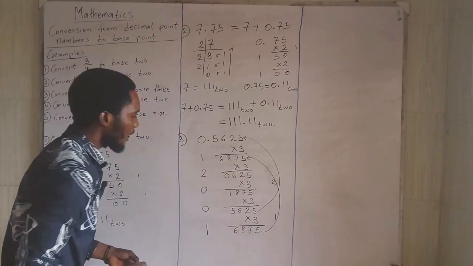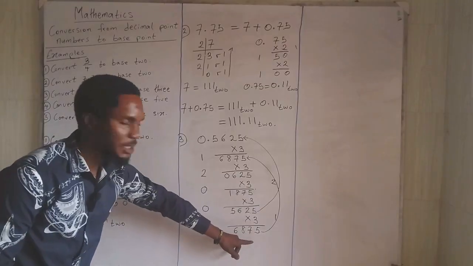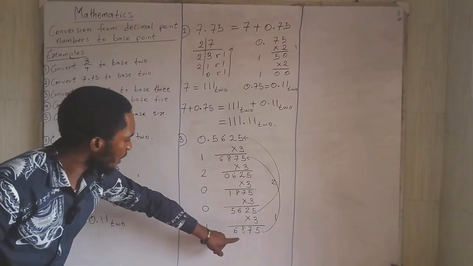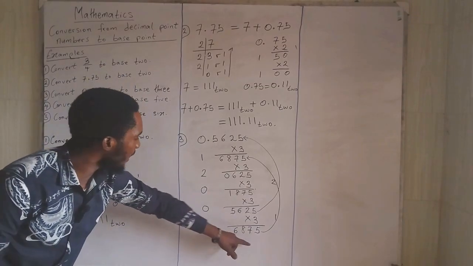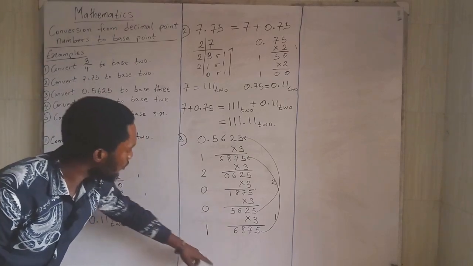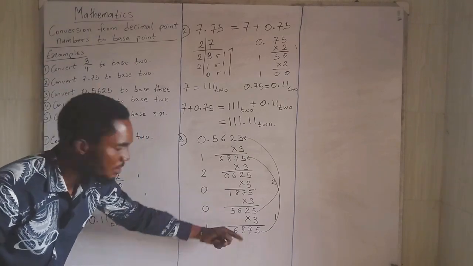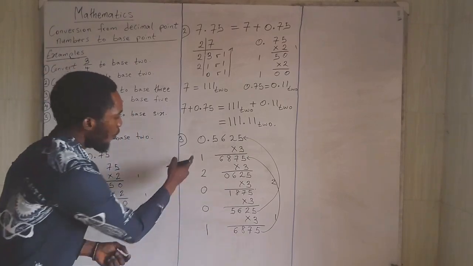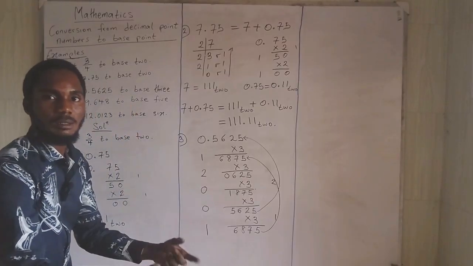That means that if we continue to multiply by 3, you can see that what we have here is 1. If we continue to multiply by 3, the next one will be 2. The next one will be 0. The next one will be 0. The next one will be 2. That means that 1, 2, 0, 0, we keep repeating.